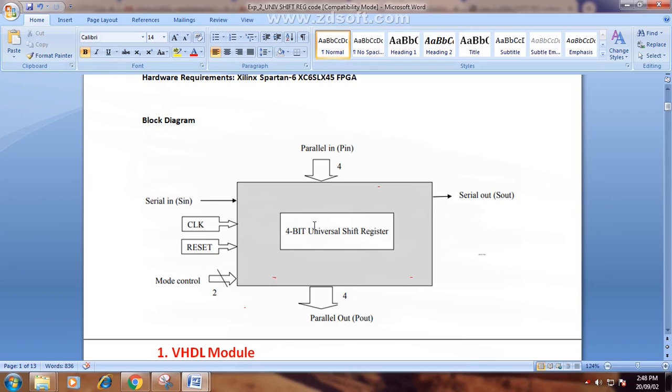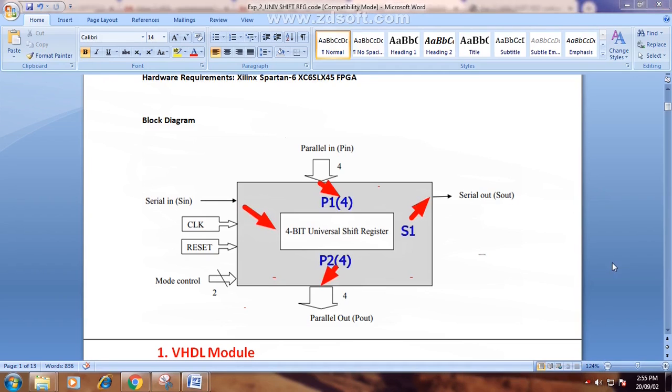So for that we need to understand how the data will be transferred from serial in to serial out, parallel in to parallel out, serial in to parallel out, and parallel in to serial out depending on the mode selection. For that purpose this shift register is used over here. In the code we need to use some temporary signals to transfer the data to the appropriate location.